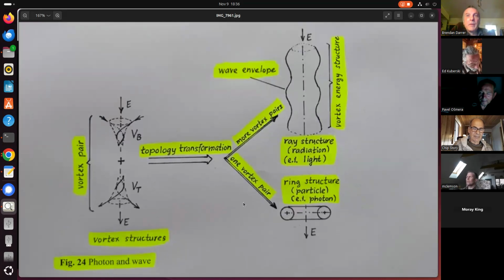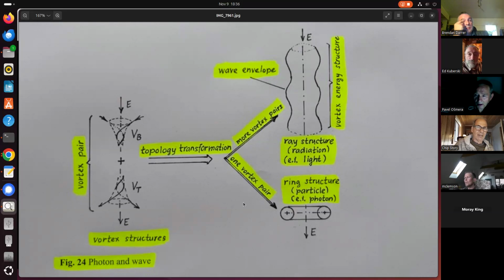When you've got one vortex pair, then you've got a ring structure, and this is when a particle or a photon is formed. So this right here explains how he goes from a closed system to an open system and from energy to a particle, essentially. Correct, Pavel? Yes. Because it is an open structure.